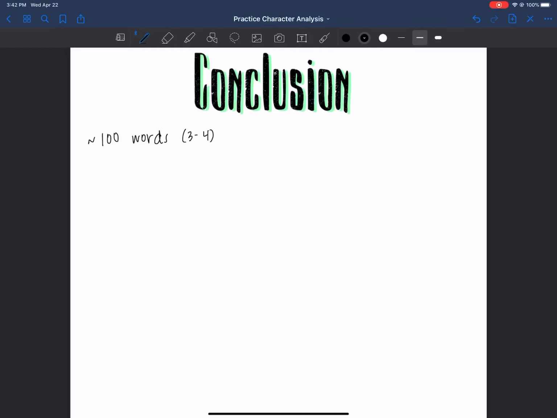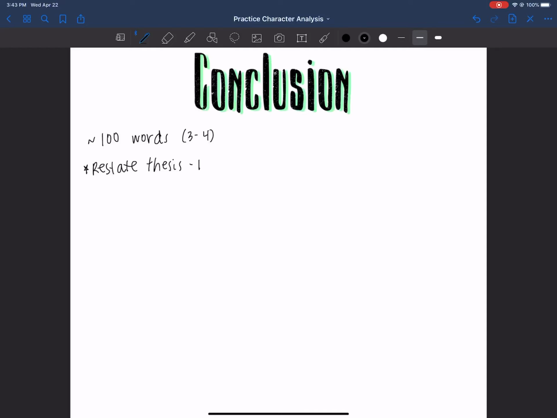Okay, what you need in a conclusion. A lot of the times people are going to say that you need some sort of restatement of your thesis, and if that helps you to organize yourself, then that would be fine. You can restate your thesis, but, and this is a big but, it cannot be the exact same words as your thesis.